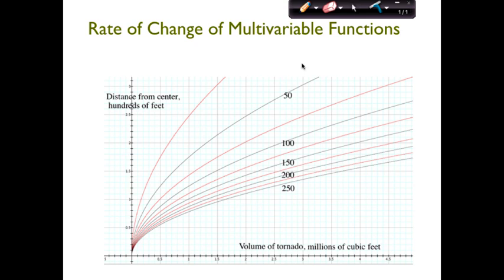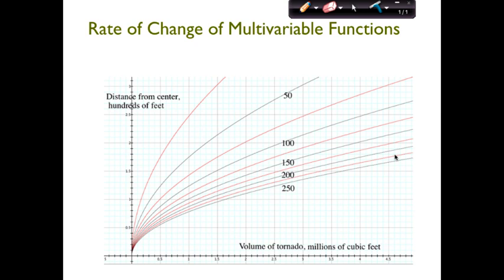As you move up on this graph, away from the center, wind speed goes down, all right? I'm showing you every black line is 50, and the red lines are halfway in between those, okay? If your volume goes up, so if you increase this way, what happens to wind speed? Increases, right? So you see that for those lines.